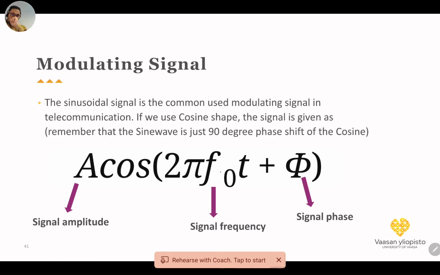And also we mentioned that we have three kinds of modulation, because we have three parameters that we can change in this sinusoidal signal, which are the amplitude, frequency and phase.